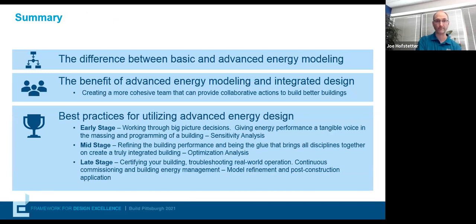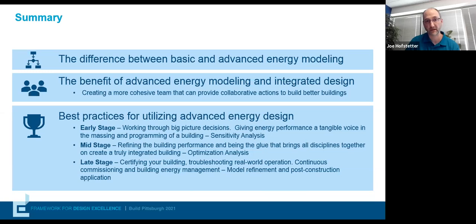So to wrap up, I just wanted to reiterate that our goal today was to talk about the value that integrated design and integrated energy modeling and services can apply to the team.